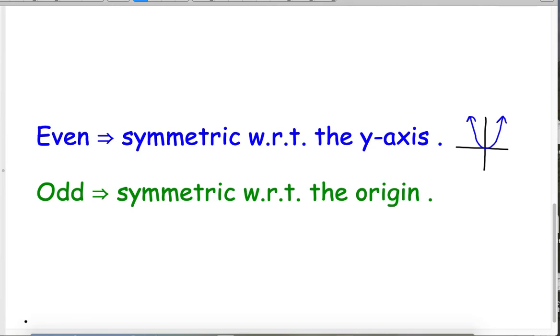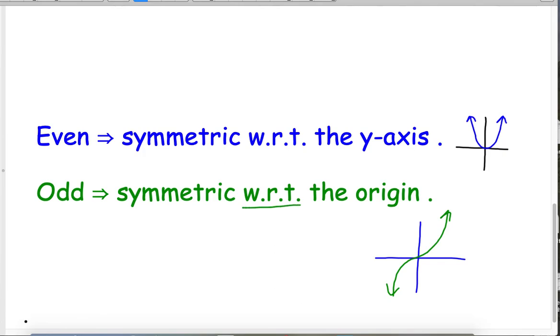On the other hand, if you want an odd graph, it's not symmetric about the x-axis, which is what some people guess. Let's go with green. Then, for example, y equals x cubed is an odd function because it's symmetric with respect to the origin. By the way, WRT means with respect to.